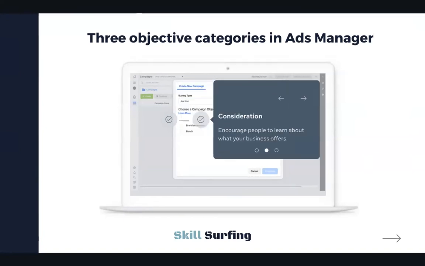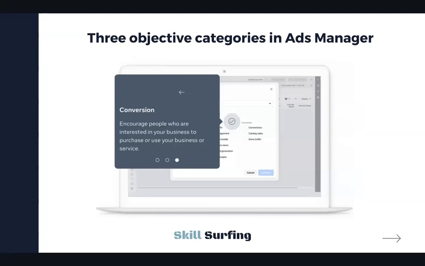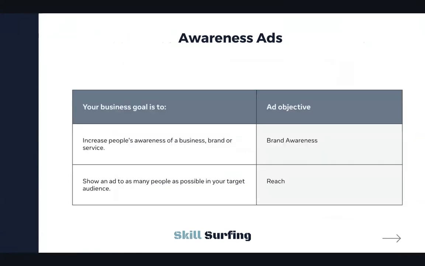The second type is consideration. This is where you encourage people to learn about what your business offers. And the third one is conversion. This is where you encourage people who are interested in your business to purchase or use your business or service. We will see all of them in detail.